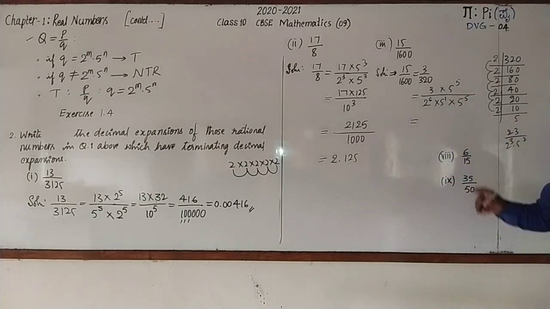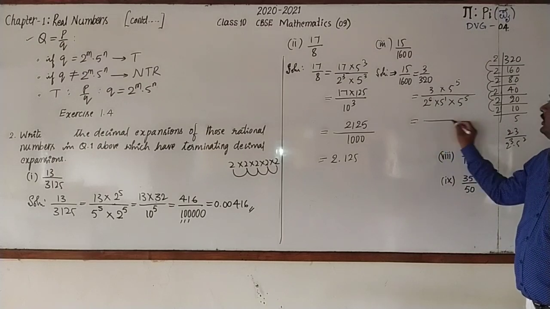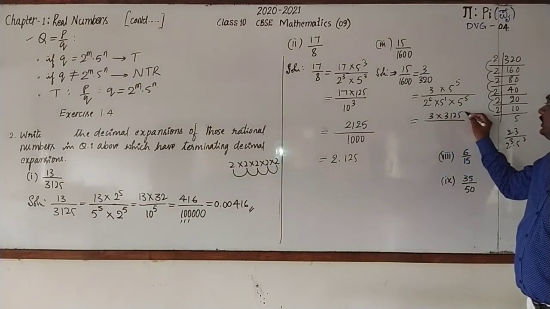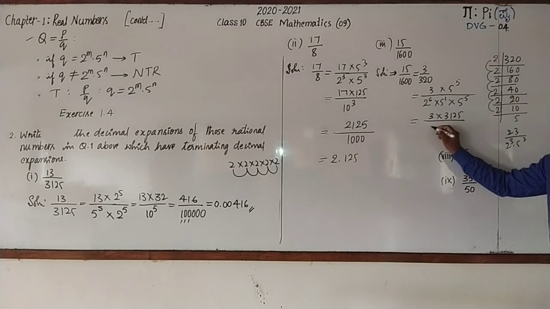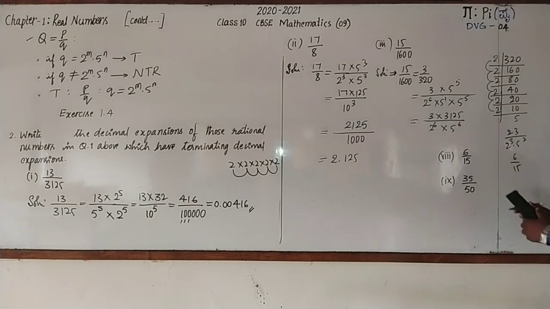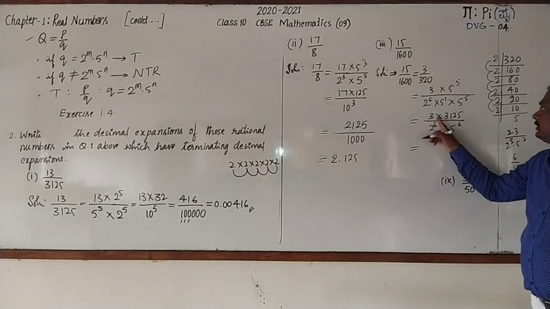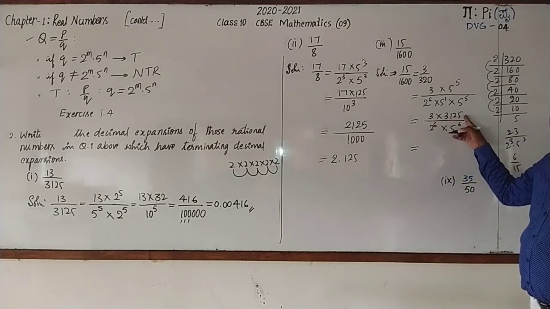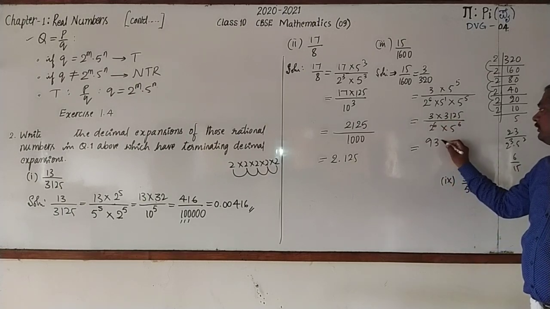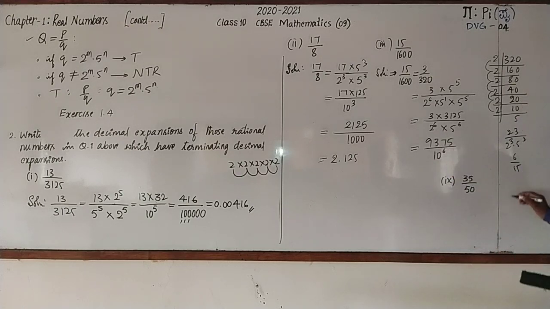What is 5 raised to the power 5? Already we have written it, 3125. So 3 into 3125. Next, here 2 raised to the power 6 into 5 raised to the power 6, since 1 and 5 make 6. Now multiply: 3 into 3125. 3000 3s are 9000, 125 3s are 375, so 9375, divided by 10 raised to the power 6.